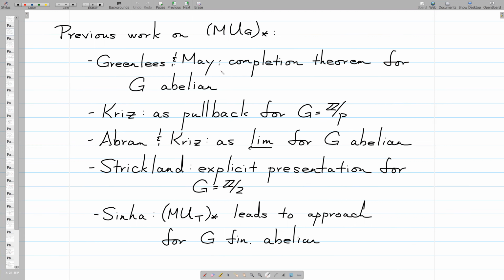Greenlees and May proved a completion theorem for G abelian. Essentially, it says that the map from MUG to the Borel cohomology, or homotopy fixed points, is a completion in the coefficients.